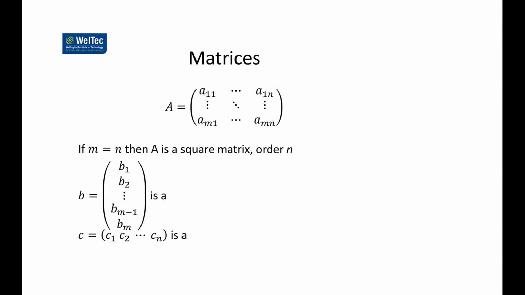If we were to take one of the columns, we would say that it was a column vector, or if we took one of the rows, we'd call it a row vector. And that's what I said on the previous slide, that a matrix is made up of lots of vectors.